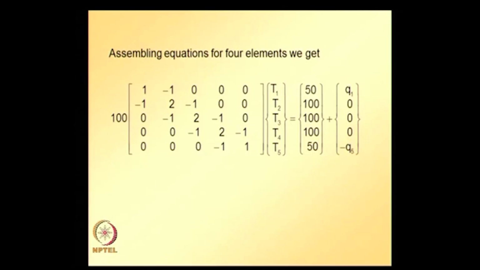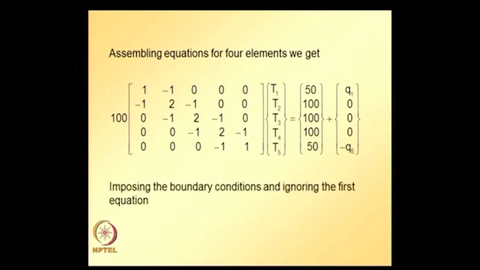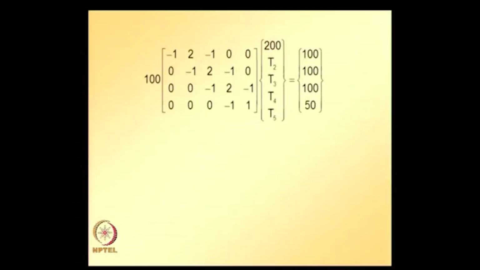doing partitioning of matrices and rearranging, imposing the boundary conditions and ignoring the first equation, we get this, and rearranging this equation we can solve for T2, T3, T4 and T5.